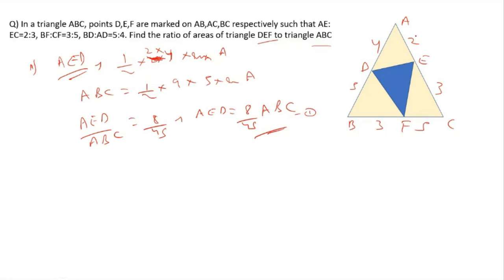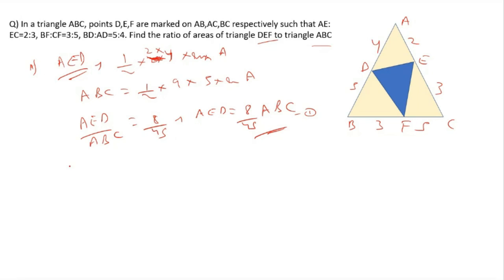A very quick way to do it is that you don't even need to write this. You can just look at the figure and write down the result directly: AED would be 4 into 2, ABC would be 9 into 5. Half and sine A are common across both, so they get cancelled off. So it will be 4 into 2 upon 9 into 5, which is 8 by 45.